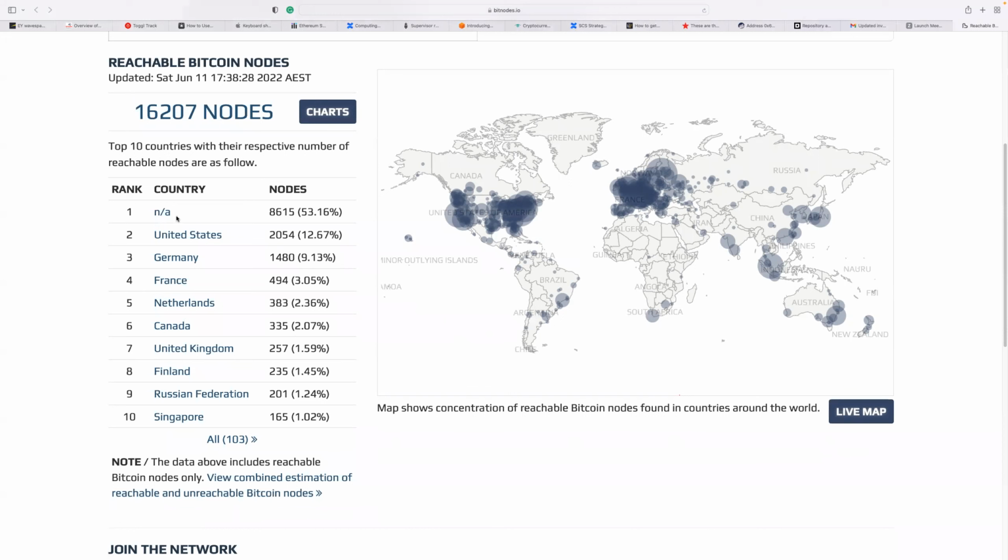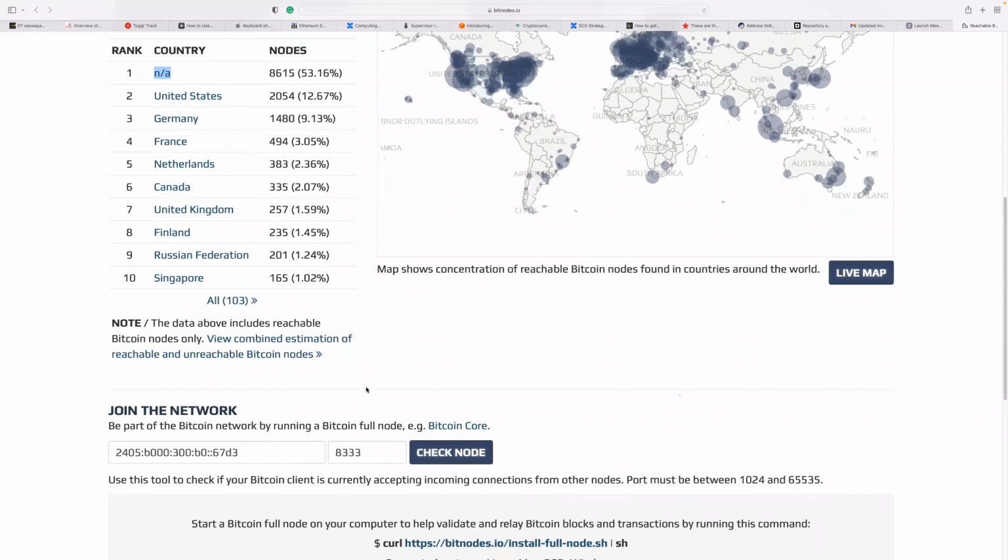Quite likely part of this could be China. So for more than 50% of the nodes, you don't necessarily know the location. But there's still a significant number running in countries like US, Germany, France. Europe is still very active in this space, and even places like Singapore. So these are essentially where miners are.